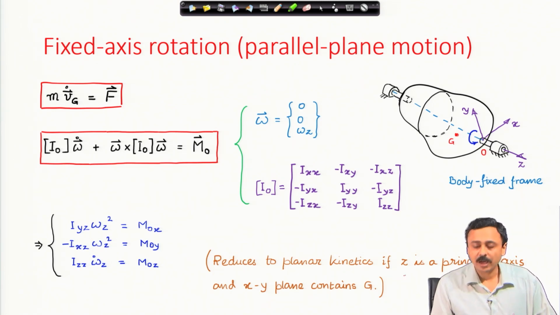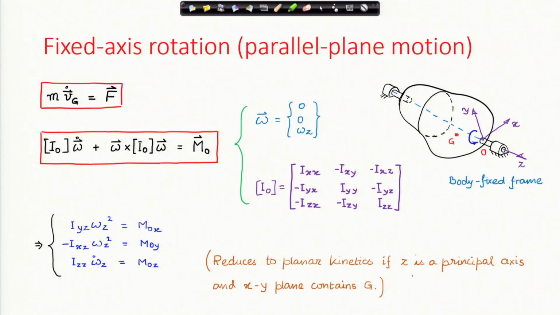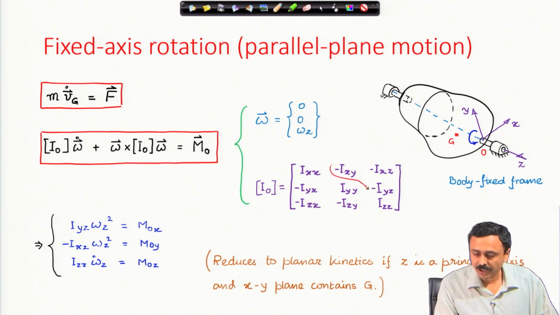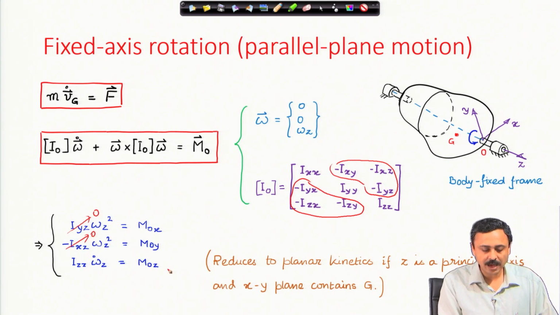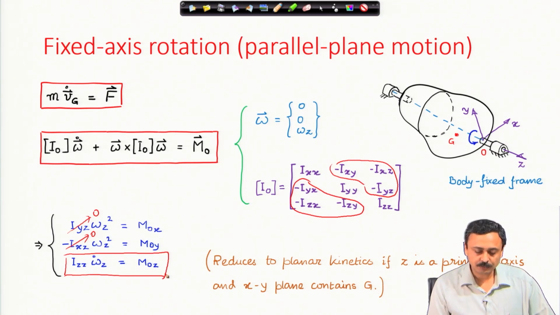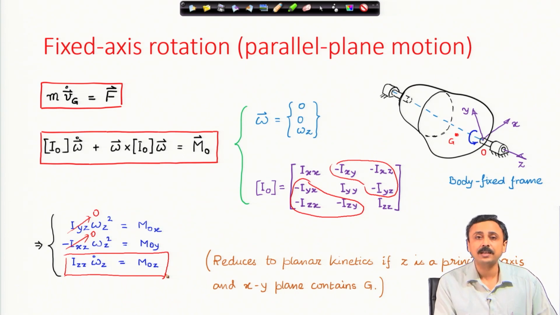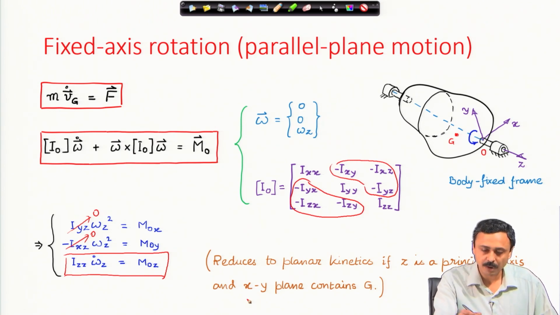And now we have this additional requirement that z is a principal axis, because when we have this, then these terms will vanish, these go to 0, and then we are left with only this equation. Therefore, to reduce a general rigid body motion with fixed axis to planar kinetics equations, z must be the principal axis and the xy plane must contain G, the center of mass.